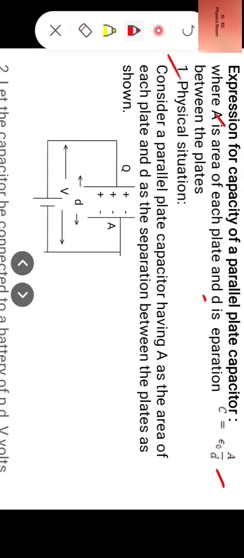Now, physical situation. Consider a parallel plate capacitor having A as the area of each plate and D as the separation between the plates as shown in diagram.